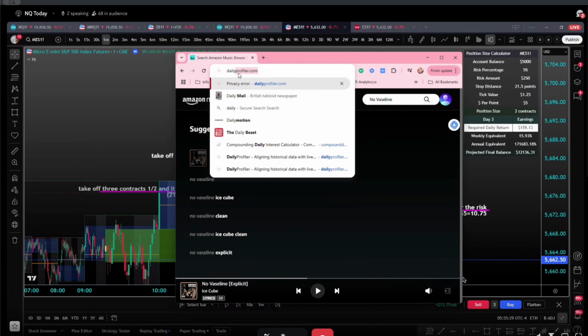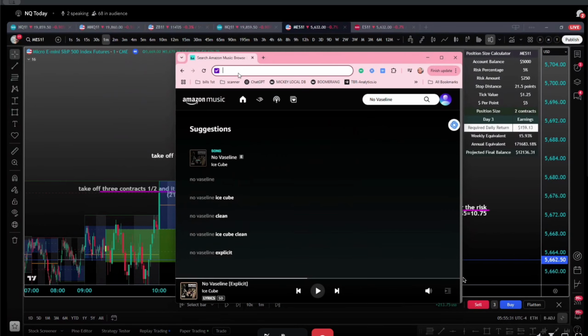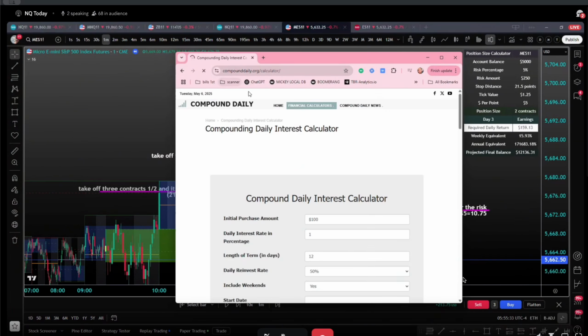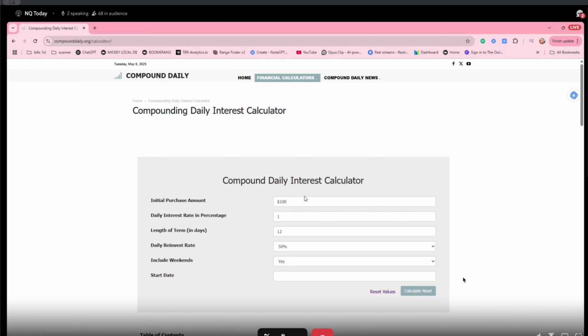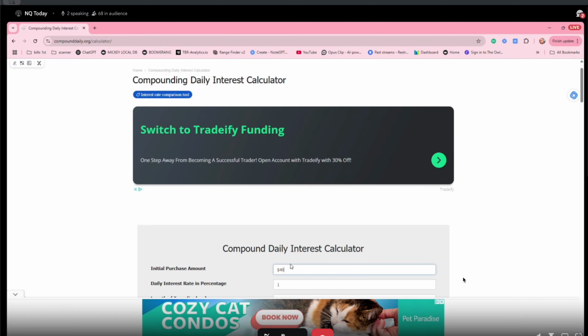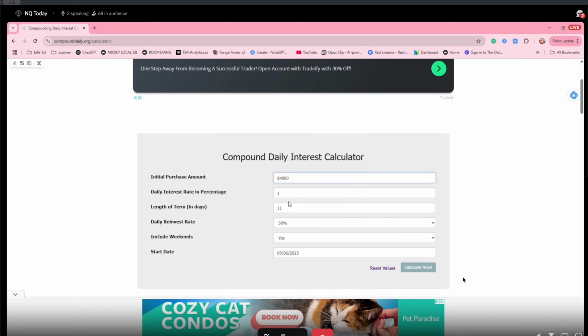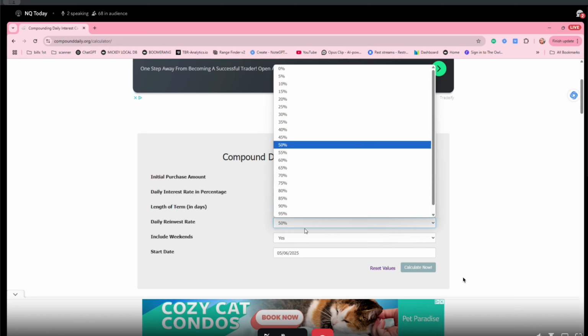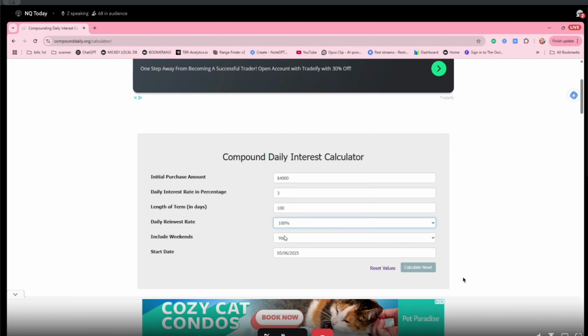Remember, we went to daily compounding, daily interest. We started with a $4,000 account. We want to make 3% risk per interest over the next 100 days. We want to reinvest 100% and not pay ourselves yet. And our start date was April 1st.